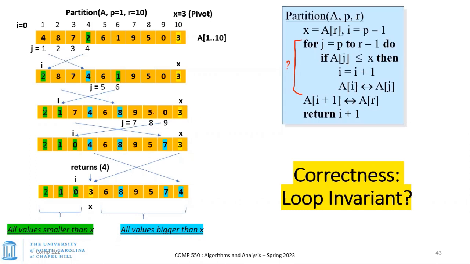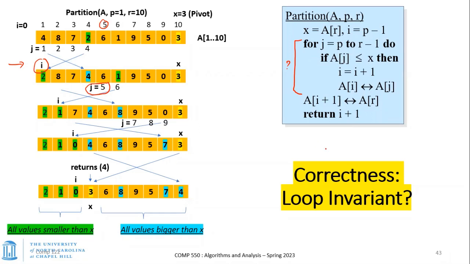Say we've done one iteration and are about to start a new iteration. We've got a certain value of i, and we're starting off with a certain value of j. At the beginning of the second loop, j is equal to 5. What can we say about this loop that could be useful to prove its correctness?